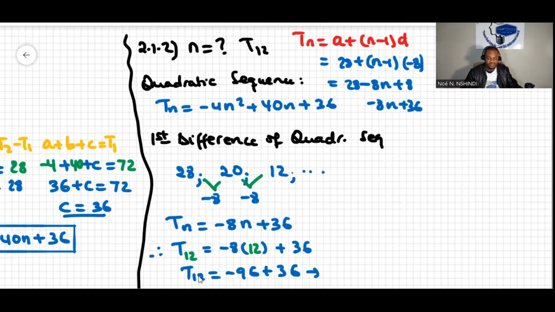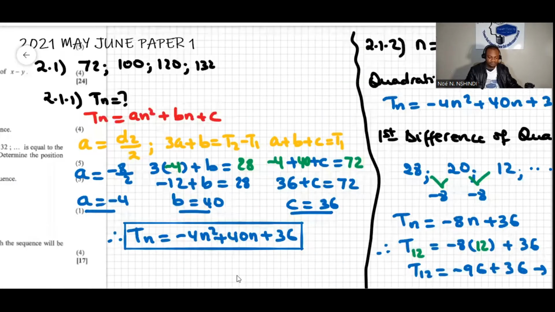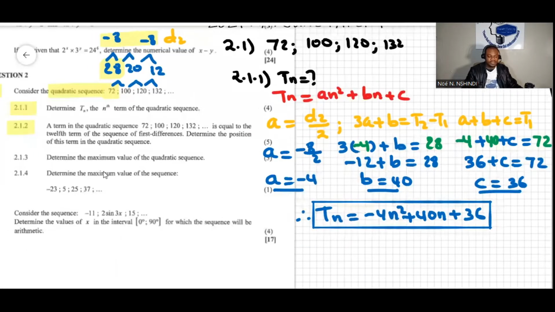That makes T12 equal to -60. So this -60 is equal to a certain term, as the question says: a term in the quadratic sequence 72, 100, 120, 132 is equal to the 12th term of the sequence of first differences. Determine the position of this term in the quadratic sequence.